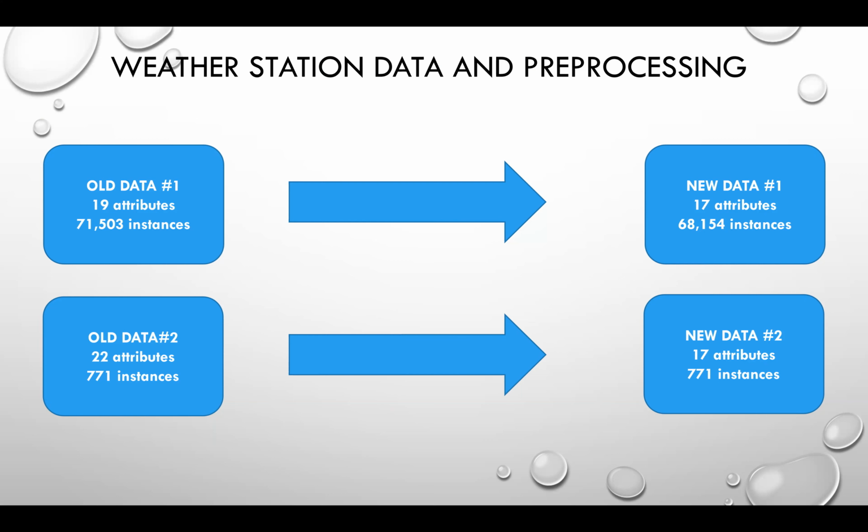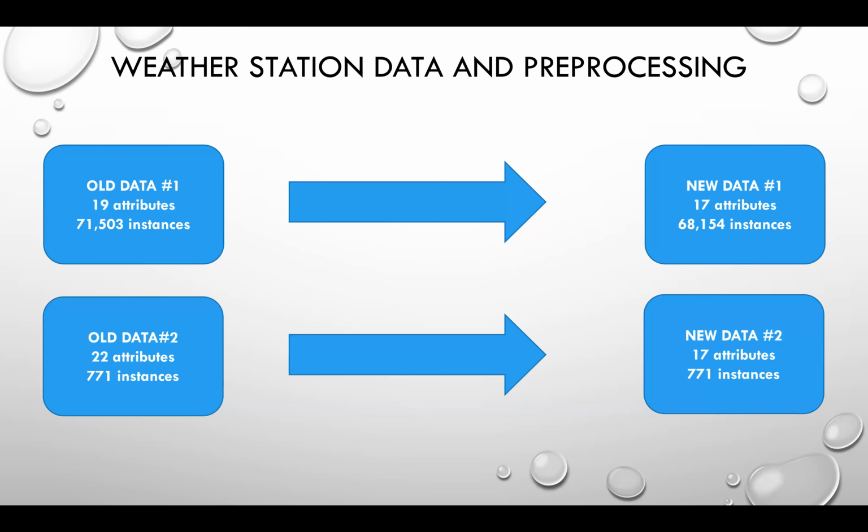We used two different versions of the data that were available at the time we conducted the research, due to an update that was made to the Ambient Weather website. We had an older version that contains 19 attributes, and it covers from November 2019 to September 2020 with almost 71,000 instances.